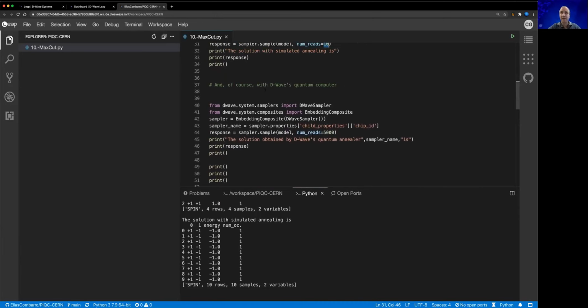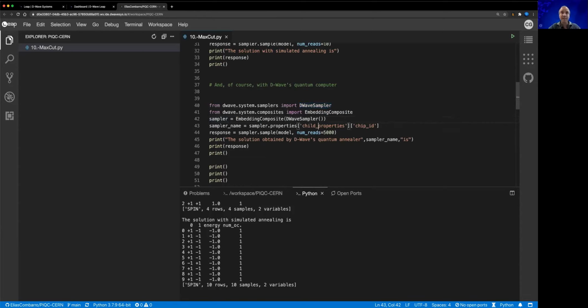Okay, now we are going to use the quantum annealer, the actual quantum device. For that, we need to import these objects from the wave, and then with this instruction we construct a sampler, which is what we are going to use to access the computer and retrieve some approximations of the solution of our problem.